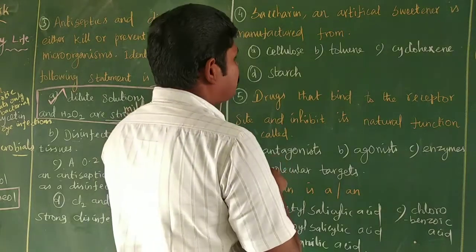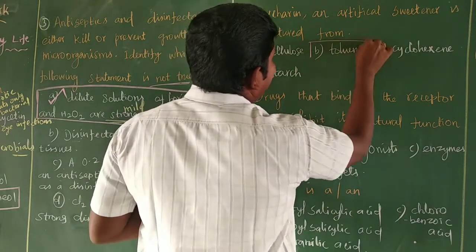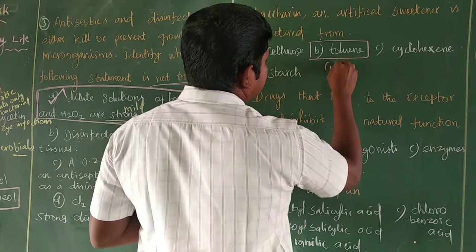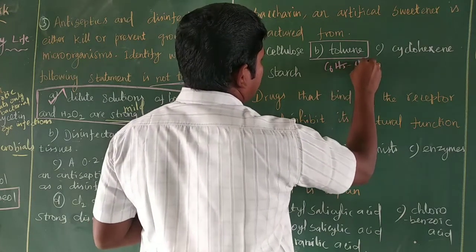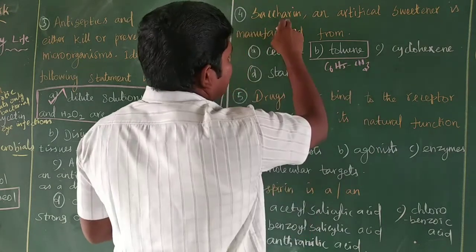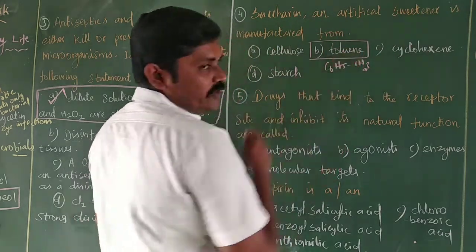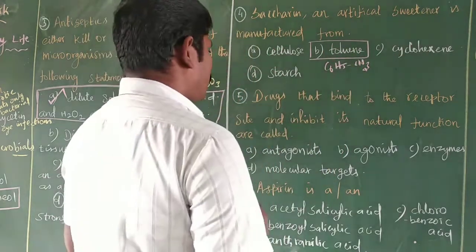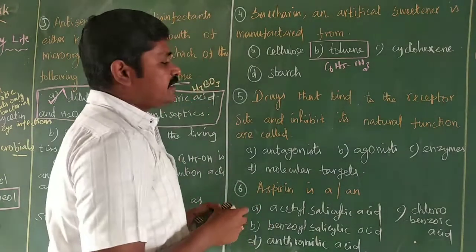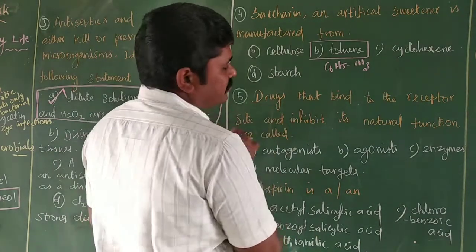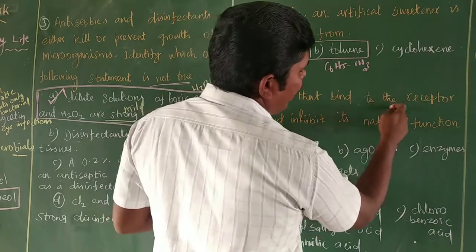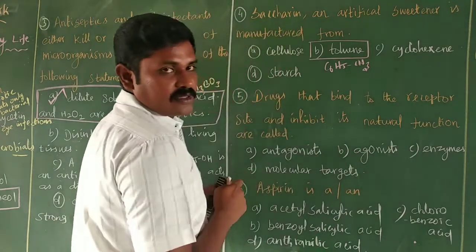Okay, so option B, toluene, is the correct answer. C6H5CH3. The saccharin artificial sweetener is manufactured from toluene, right?